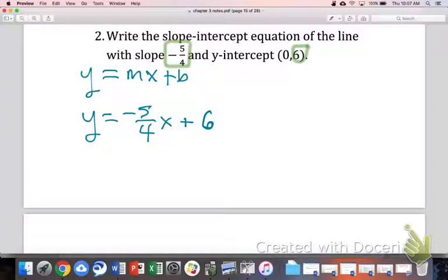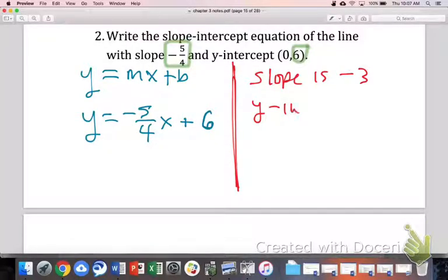So if you were not at the board just a second ago, please go to the board and let's try one like this. I'll just put this one off to the side. So same instructions, write the equation of the line. If slope is -3 and the y-intercept is -2/5.